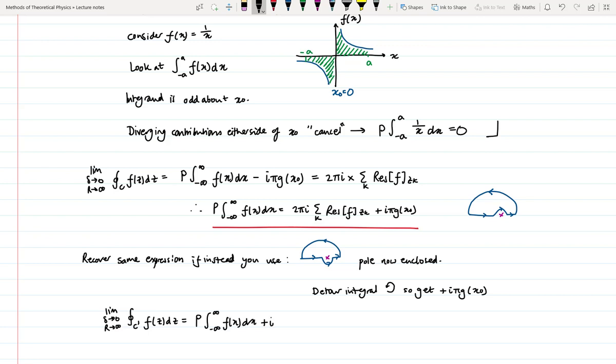We'll now have plus I pi g of x naught from the detour, and this is going to be, by the residue theorem, 2 pi I times the sum of the residues at the enclosed poles, which now also includes the residue at the pole that lies on the real axis. This here is the residue of f at x naught, and by putting this term onto the right hand side, you recover the same result that we had underlined in red.